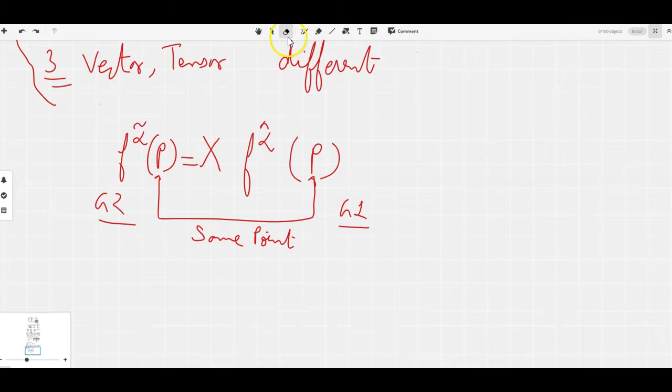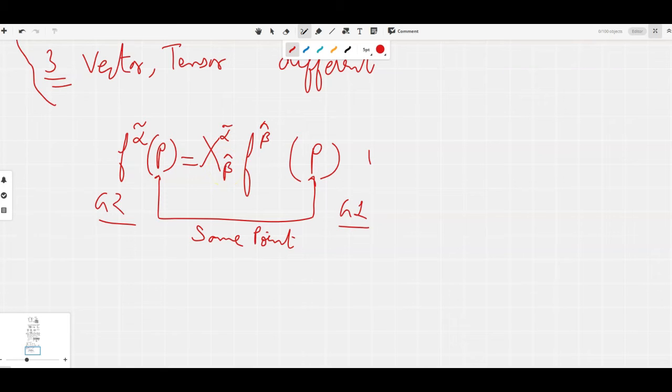This is actually f, this will be beta caret, and then I have alpha tilde, here is alpha tilde, and here is beta caret.